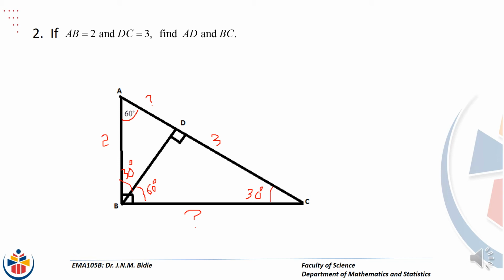Or even when you've chosen to use triangle ABD and CDB, you also get a similar situation where you get similar triangles. So choose the ones that will work for you in order to have the proportion of the sides that will help to calculate AD and BC.